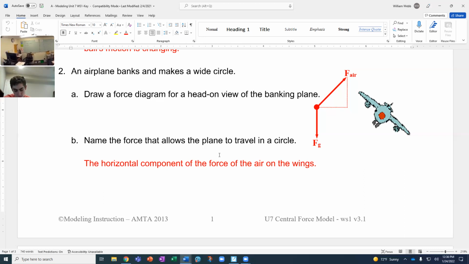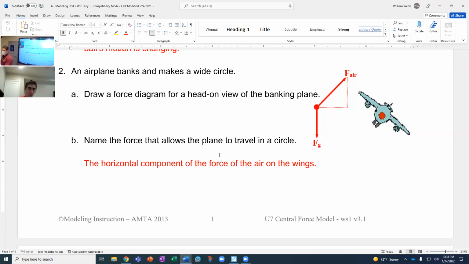Let me just take it one step further with the math here. If they give you the mass of the plane, how do you find FG?